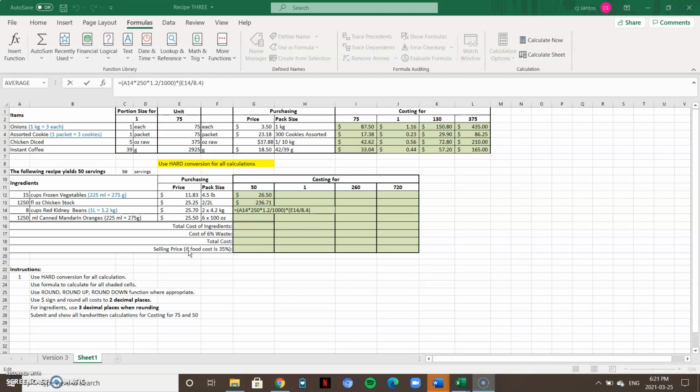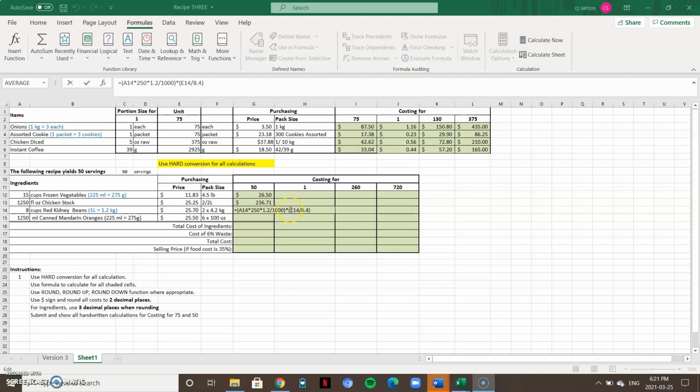So for the red kidney beans, what I did is I took the 8 cups and I multiplied that with 250 milliliters because there is 250 milliliters in 1 cup, hard conversion. Then I multiplied by 1.2 kilograms by 1 liter, but the functions do not match. So I converted 1 liter to milliliters, so 1000 milliliters.